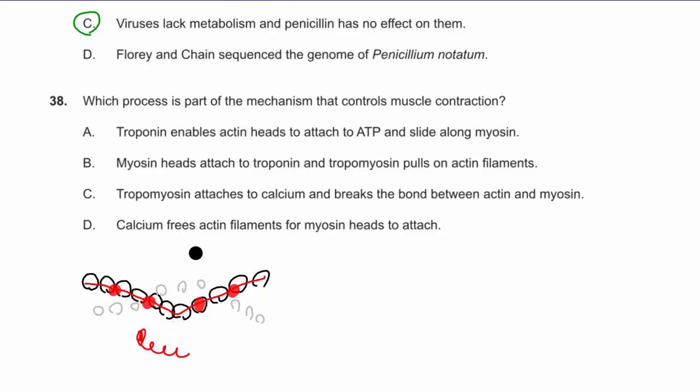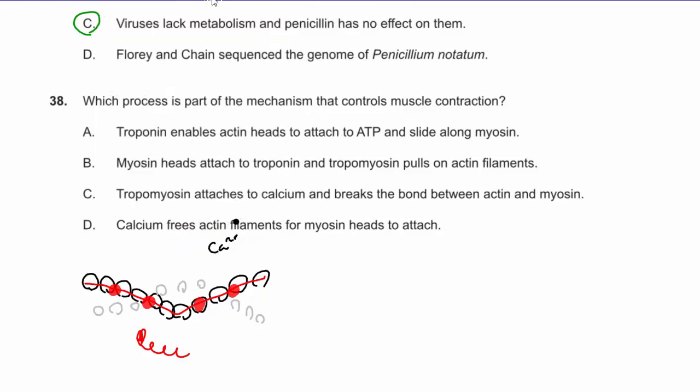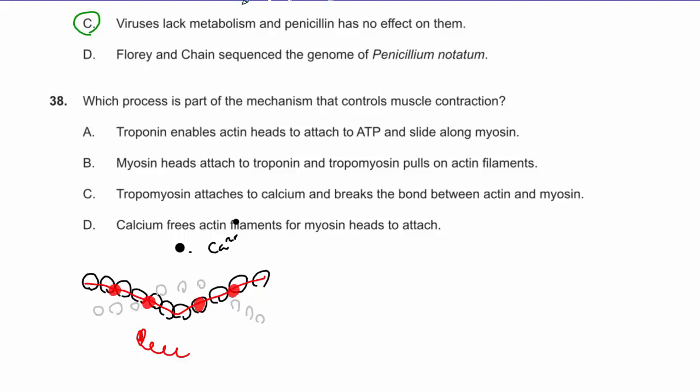So if calcium, let's say this is calcium, attaches to the troponin here, let's make it a little smaller so you can see that it fits inside the troponin. Let's make it this small. Yeah, perfect.